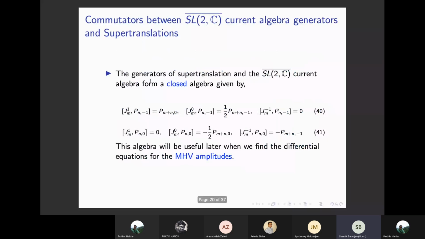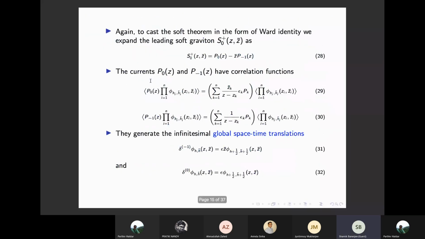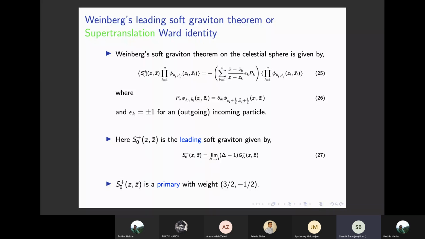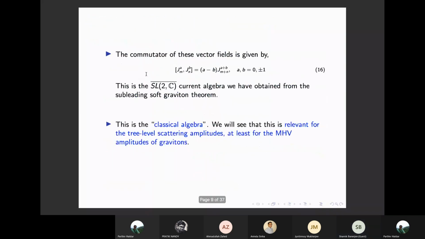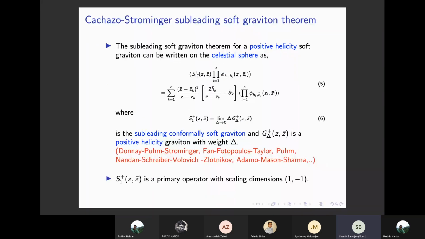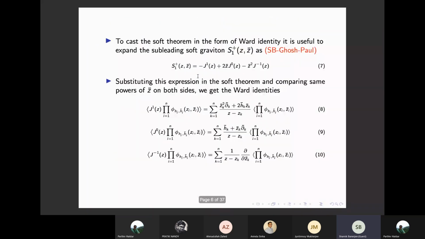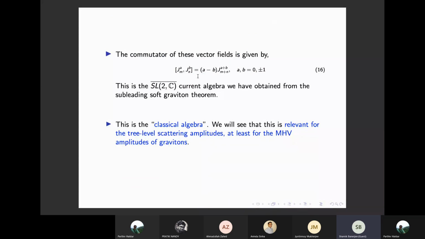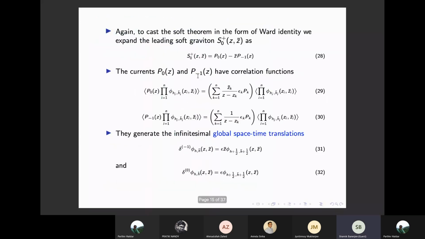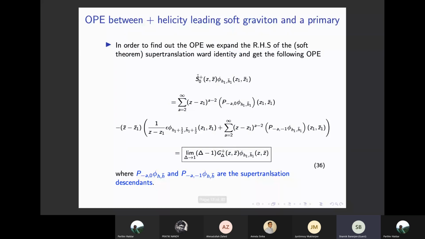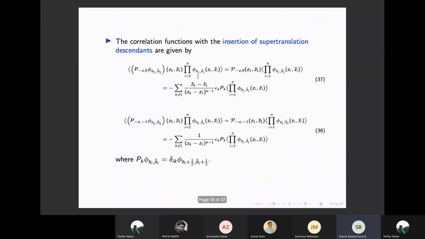If you notice, I just wrote down S plus, so I just talked about a positive helicity soft graviton. Similarly, in this case also, I have an S plus, and this is good enough only for this MHV sector in tree-level GR. So that's where the particular content is actually.